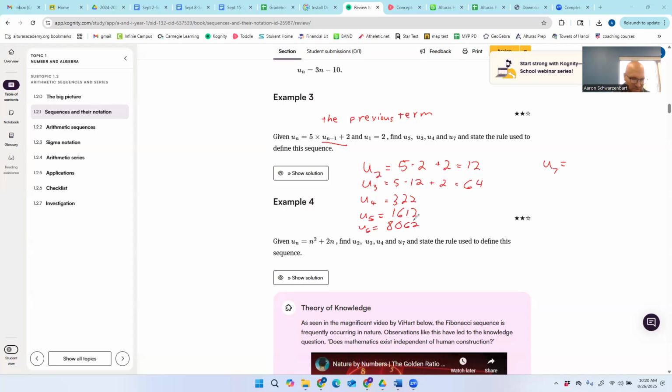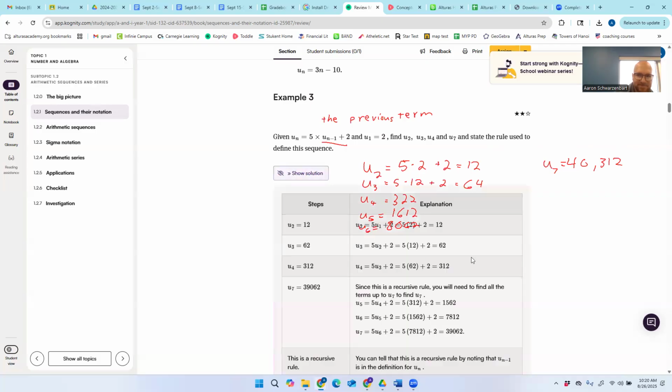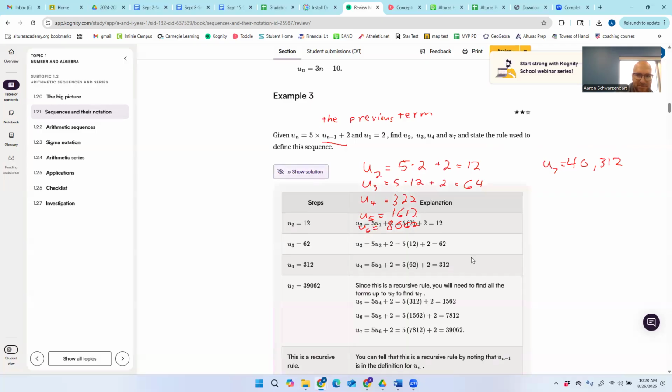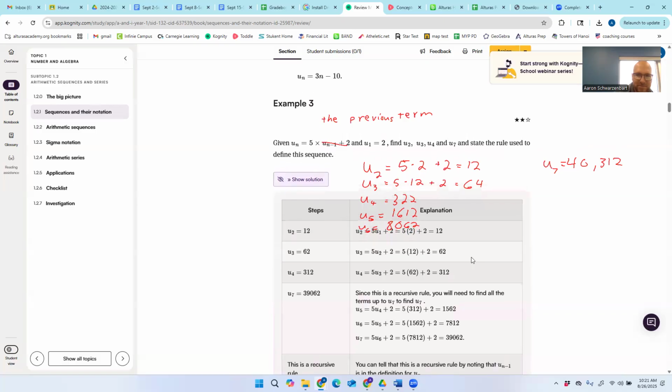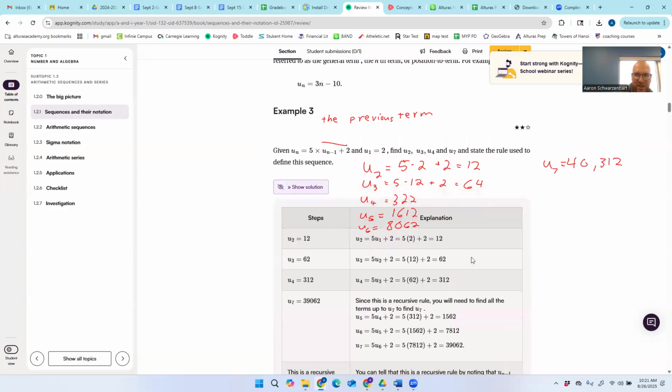And I can just use previous answer on my calculator, but 40,312. I added wrong. I added 2 twice.